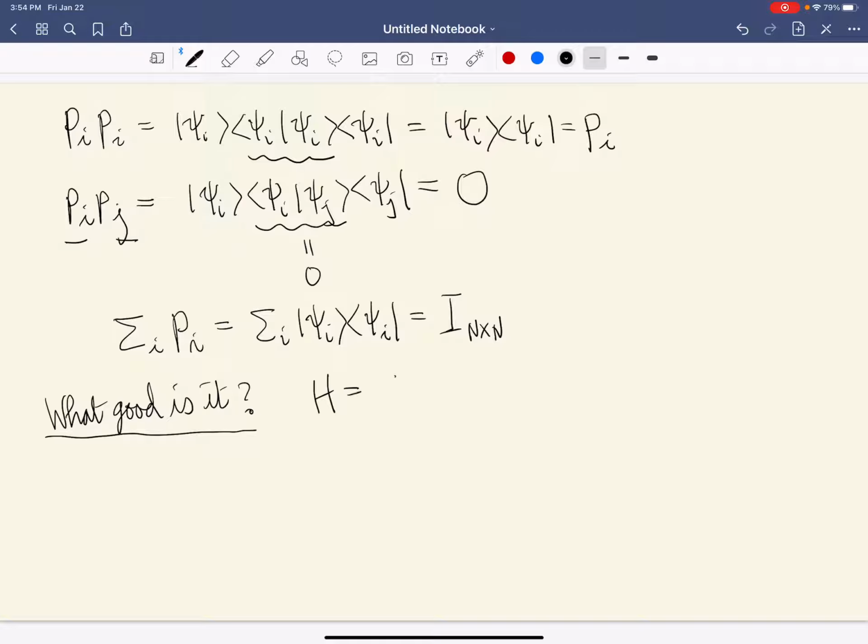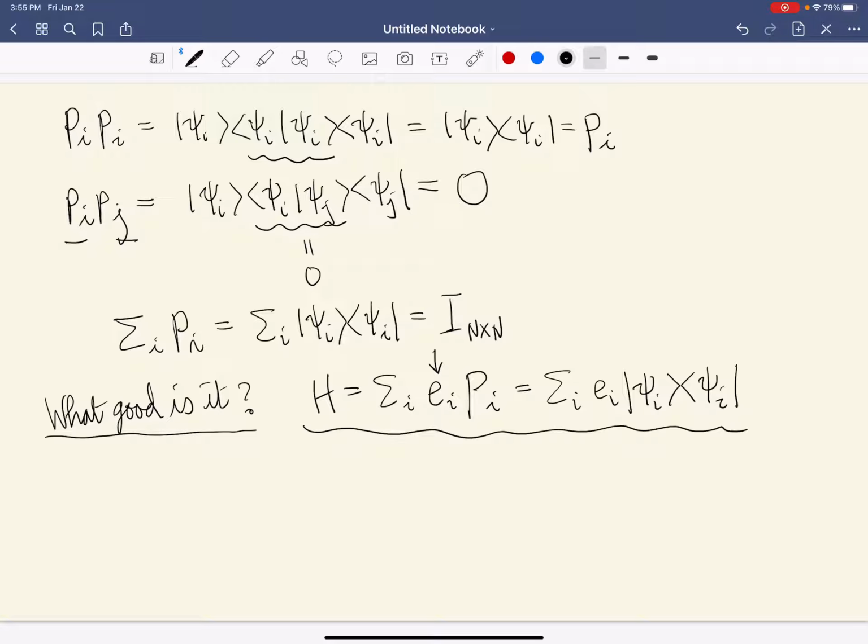Well, first of all, let me introduce an interesting terminology, which is that the Hamiltonian is written as a sum of projectors with some coefficients. And these coefficients are nothing but the eigenvalues of the Hamiltonian.